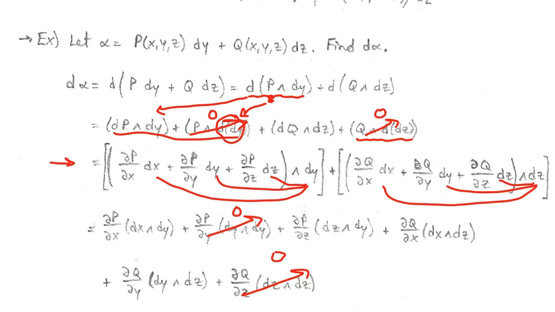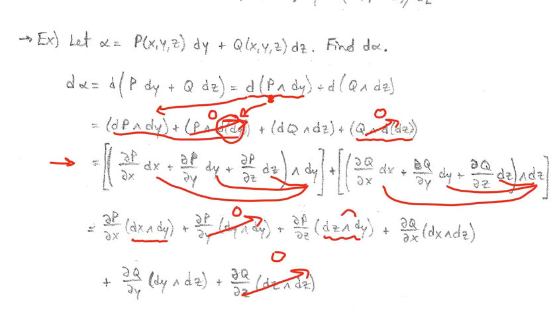Now we just have to put these basic two forms in the proper cyclic pair order. Again, it's dx dy, dy dz, and dz dx. This right here is going to be a dx dy. That's fine. This would be a dz dy. That's not right.